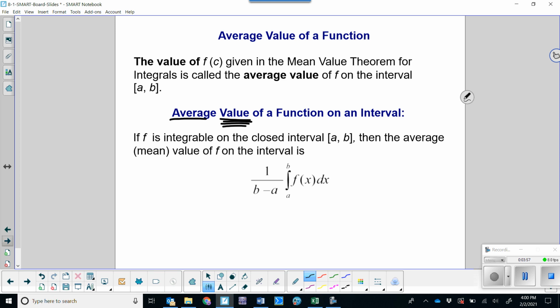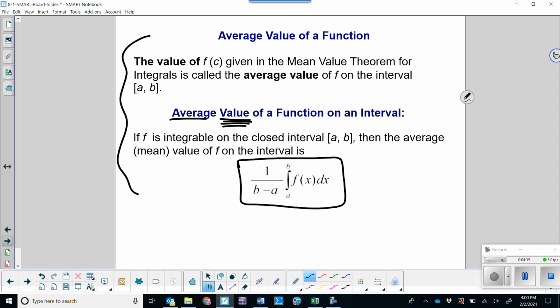So basically we just solved that other equation, and so we divided by the b minus a. So this is a formula that you definitely need to have in your composition book. I would have a page called the average value of a function on an interval, and I would write all of this down, because you're going to be asked it all the time.